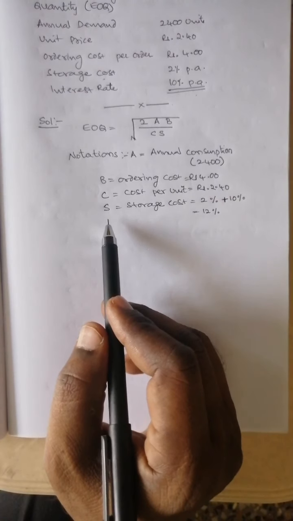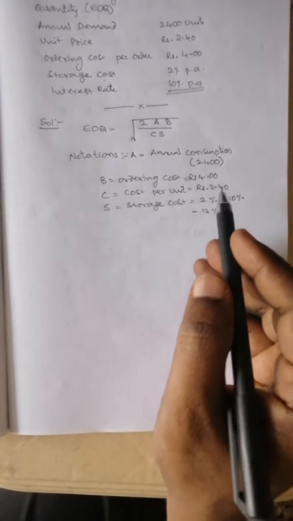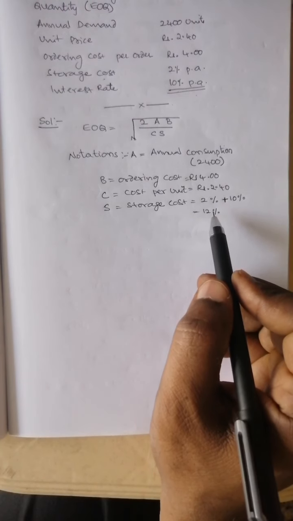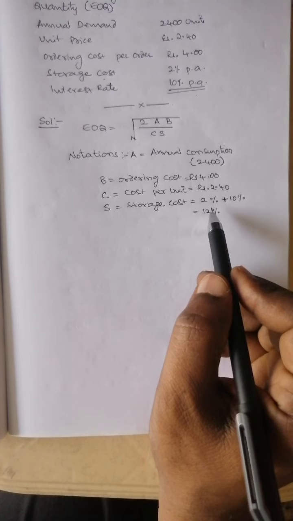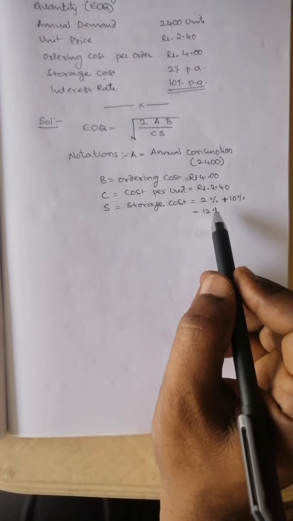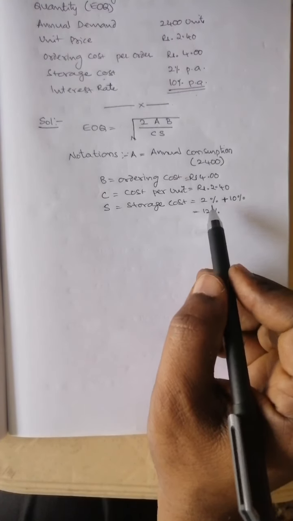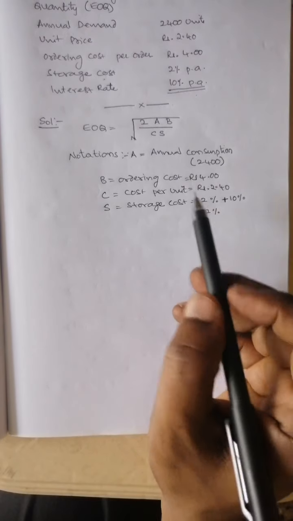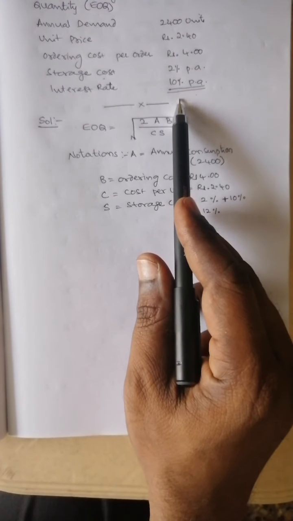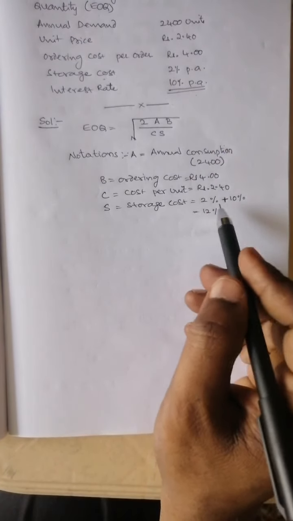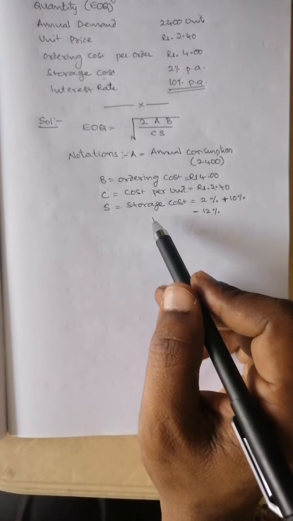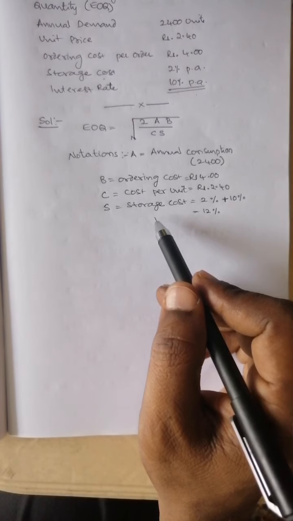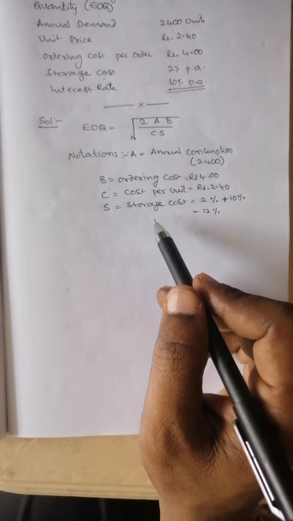But as storage cost, small difference between the two previous illustrations and this illustration. Storage cost is 2% and interest rate is 10%. Both we have to add when we calculate the storage cost. Storage cost includes all the holding expenses.